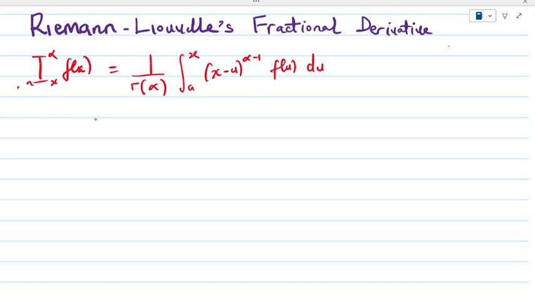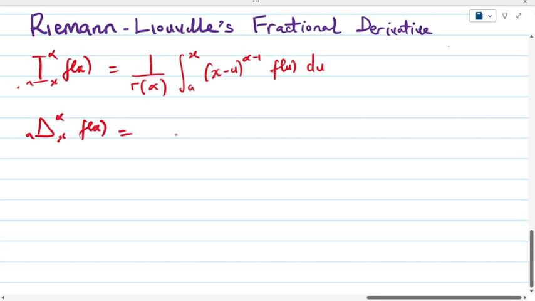So out of this, since we know that the opposite of integration is differentiation, in order to get the fractional derivative of this integral, that we now later call Riemann-Liouville, it is the differentiation of our integral.